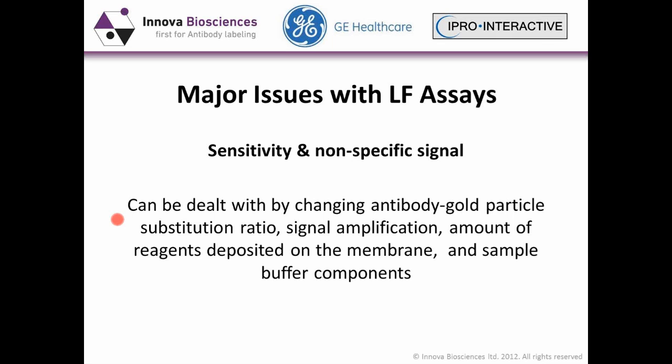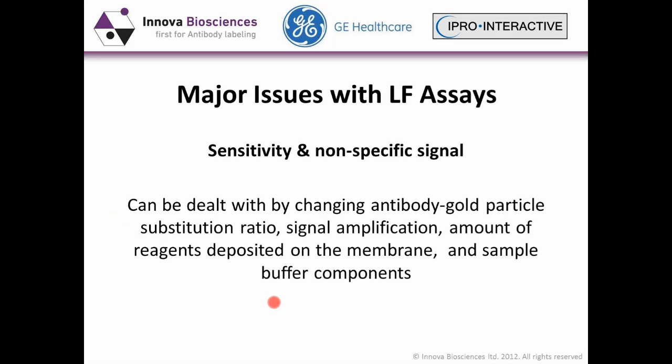For instance, if your assay requires a very high level of detergent, or very strong detergents like anionic or cationic detergents, then it might be advisable to use a covalently bound antibody on the gold particles, so that you can use a high concentration of detergents without the possibility of dissociating the antibody from the gold particles.